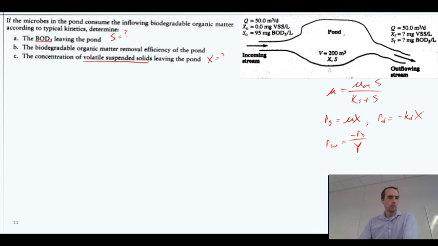Okay, so part A here is asking us to find the BOD leaving the pond. What are your first instincts here to solve for that?